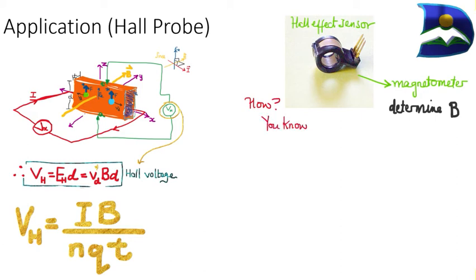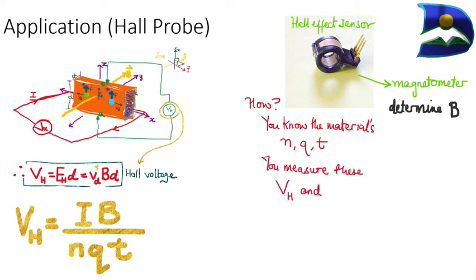This is pretty simple. All you need to know from the material is the charge density, the quantity of charge, and the thickness of the material, and then you measure the Hall voltage and the current.